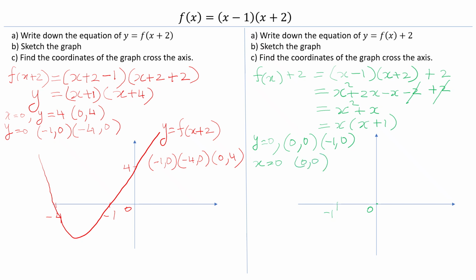So the graph comes like this. This is y equals f(x) plus 2. Third part, find the coordinates where the graph crosses the x-axis and y-axis. The x-axis crossings are 0, 0 and minus 1, 0, and the y-axis crossing is also 0, 0.